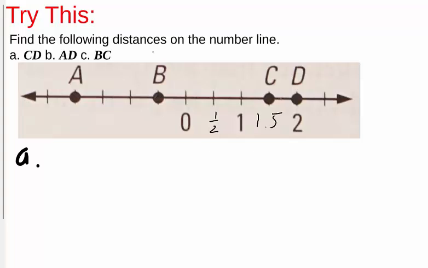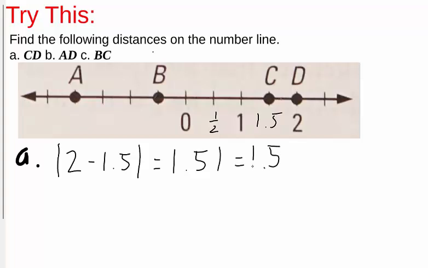Some people like decimals over fractions. I can take it either way. So CD is the absolute value of 2 minus 1.5. 2 minus 1.5 is the absolute value of 0.5, which is equal to 0.5. You could have also said 1/2. Same.